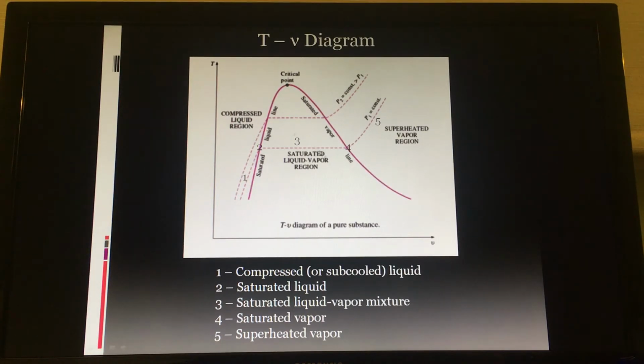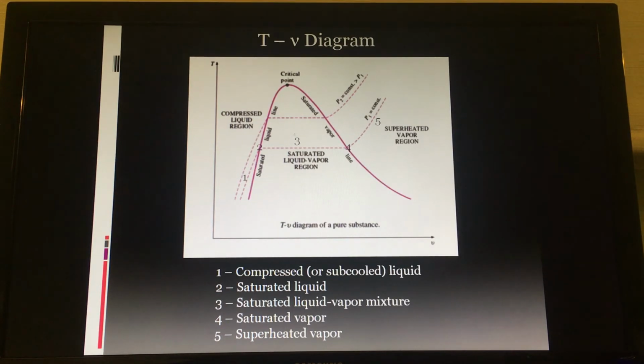Then as temperature increases, we reach this point, which is the intersection between the dotted line and the saturated liquid line. At point 2, we have a saturated liquid, which means it is about to vaporize. So we continue along at a constant temperature as specific volume increases to point 3, which can be anywhere along this line, and it is a saturated liquid vapor mixture.